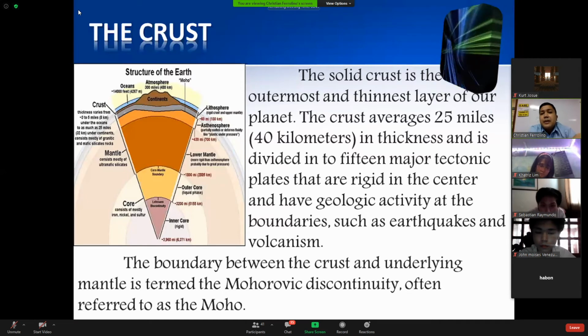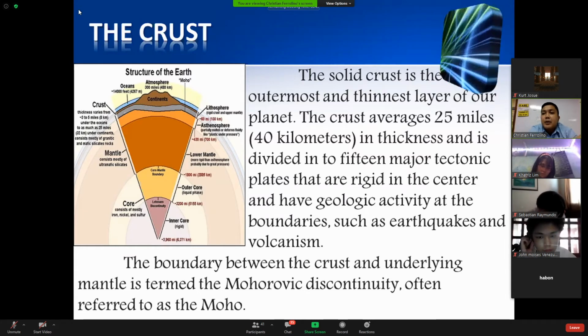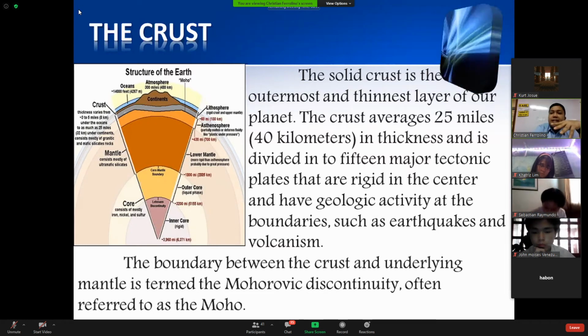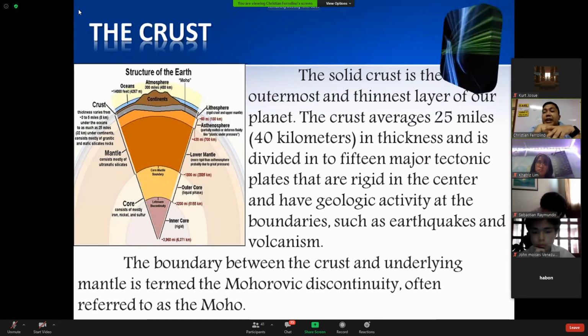So, the question now is, Sir, bakit po magkakaroon ng layering yung structure ng Earth? Paano po nagkaroon ng layering na ganoon na merong crust, mantle, and core? This layering of the Earth is brought about by the great differentiation.